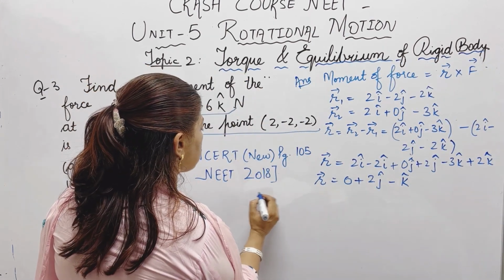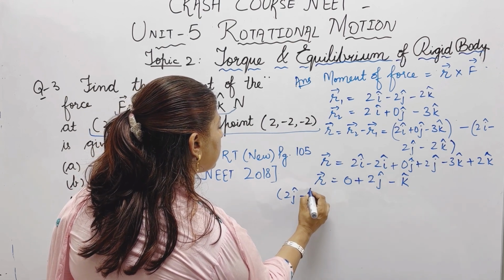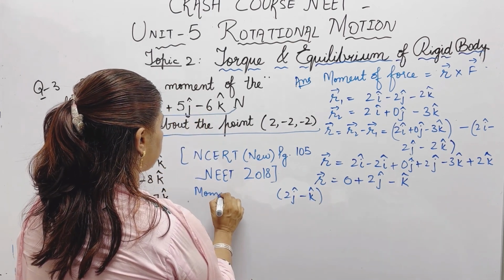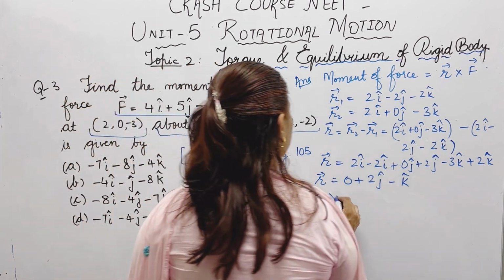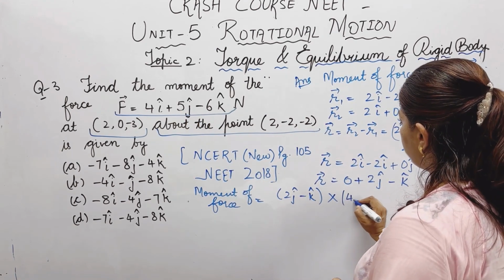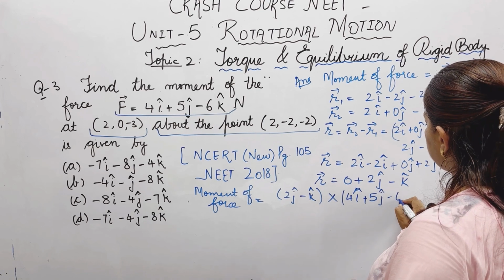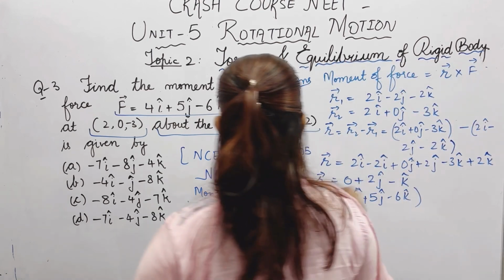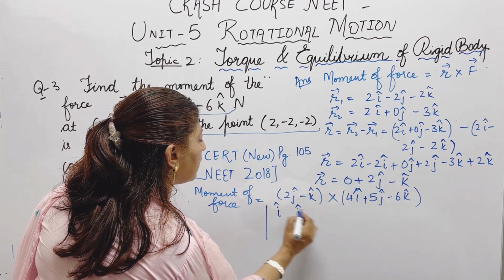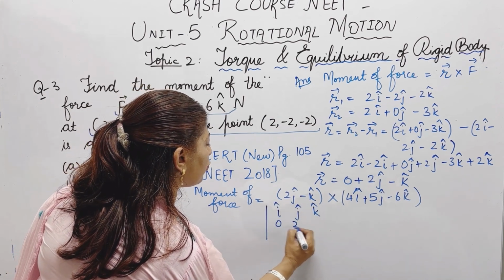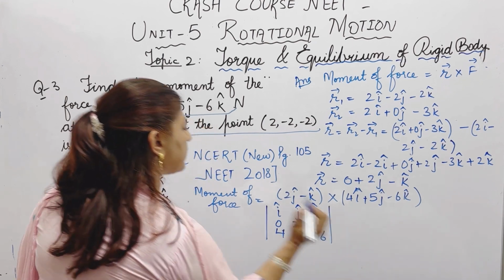The moment of force is given by the cross product of 2j minus k. This is the moment of force that we are calculating. Cross F, which is given as 4i cap plus 5j cap minus 6k cap. To find this value, we'll put it in the form of a determinant: i j k, 0 2 minus 1, 4 5 minus 6.